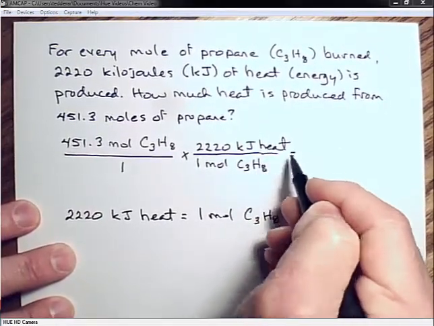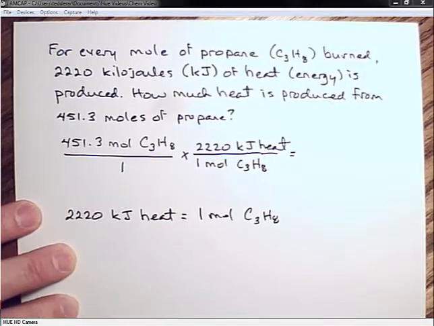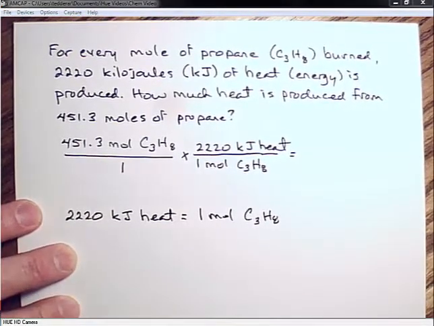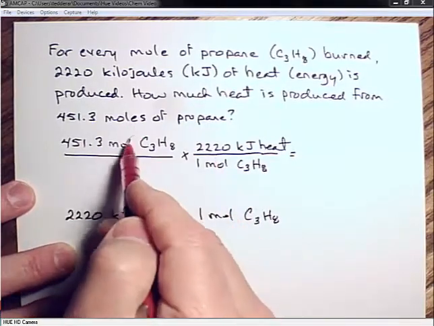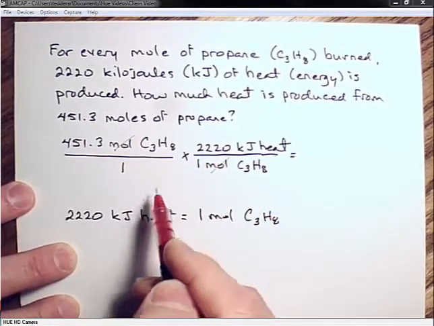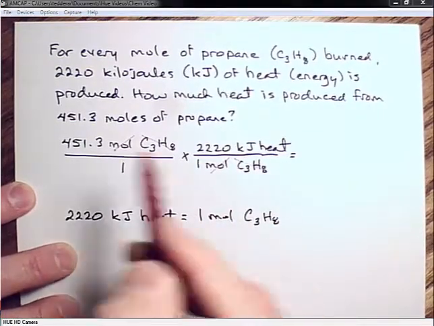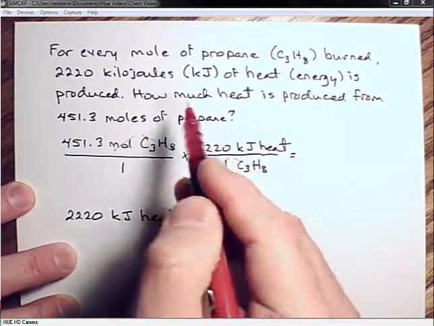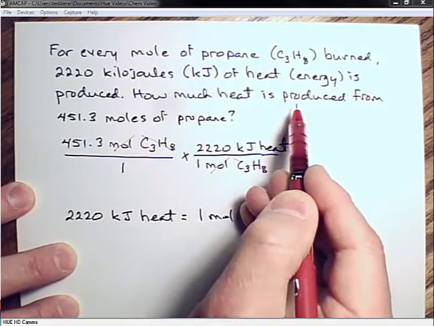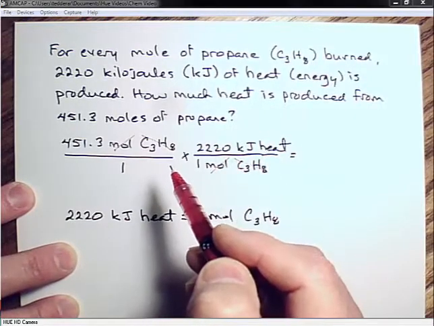Now, if I've set this up right, then the units and species that I can cancel will leave me with only the thing I'm looking for. And let's see what happens. So moles can cancel because we got moles on the top and bottom. Propane can cancel because we got propane on the top and bottom. And I'm left with kilojoules of heat, and the question is how much heat is produced. So I know I probably set it up right.